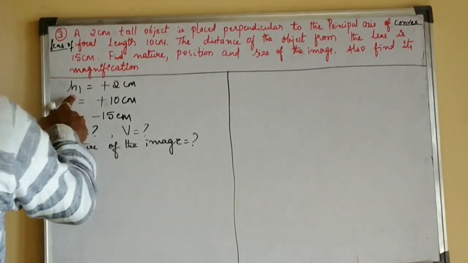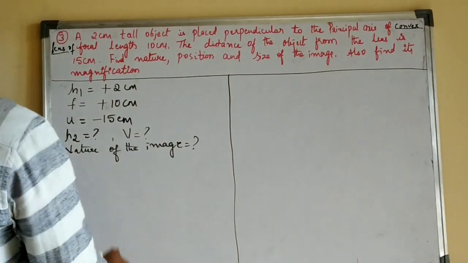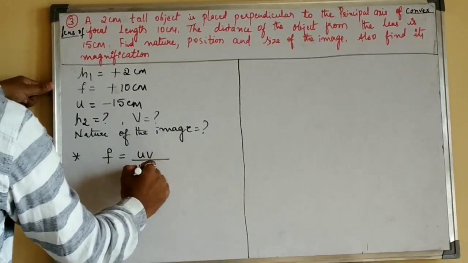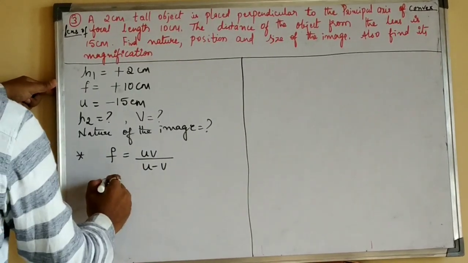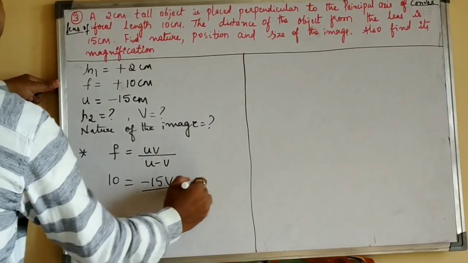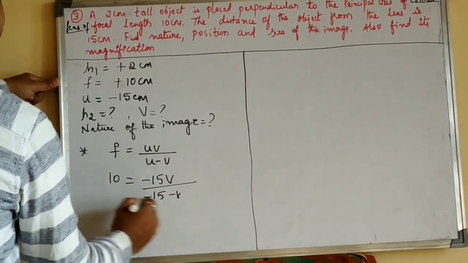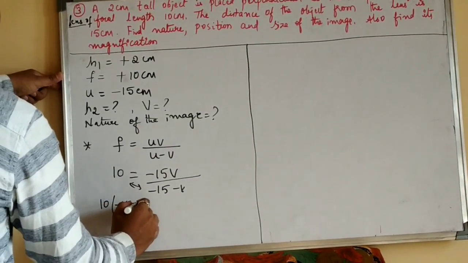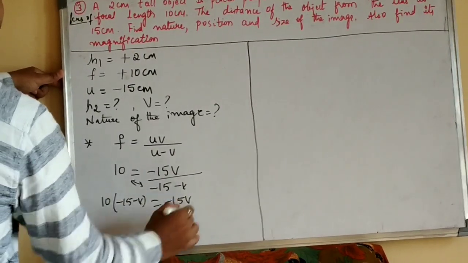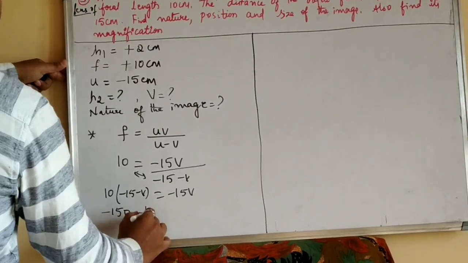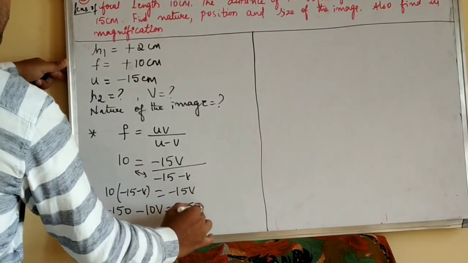Now we have f and we have u, so we can easily find v. Use the formula f is equal to uv by u minus v, product by difference. Or f, 10, is equal to u, that is minus 15, into v divided by minus 15 minus v. Cross multiply it. You will get 10 into minus 15 minus v is equal to minus 15v, or minus 150 minus 10v is equal to minus 15v.